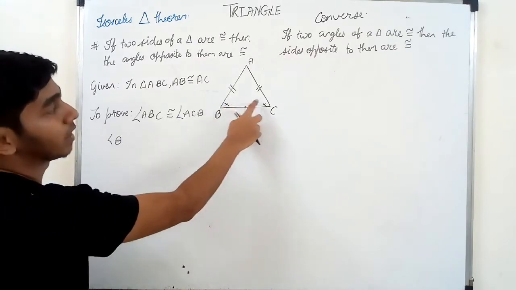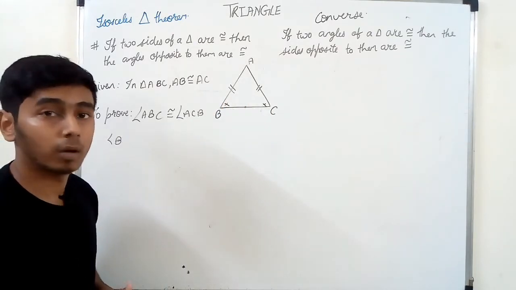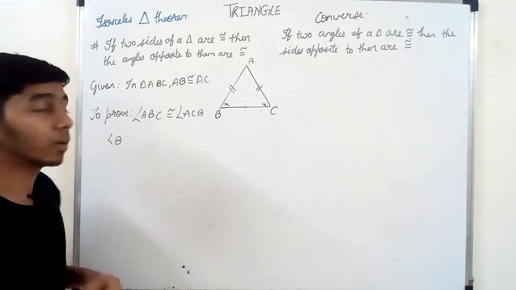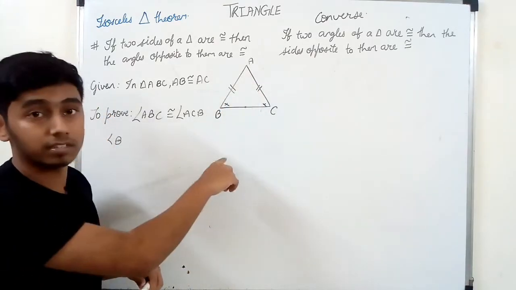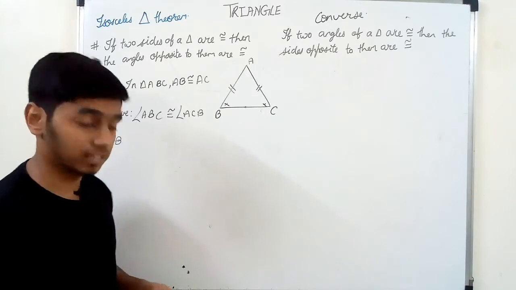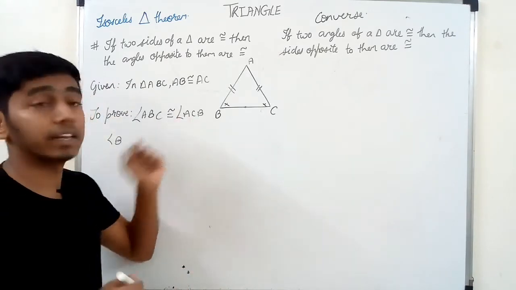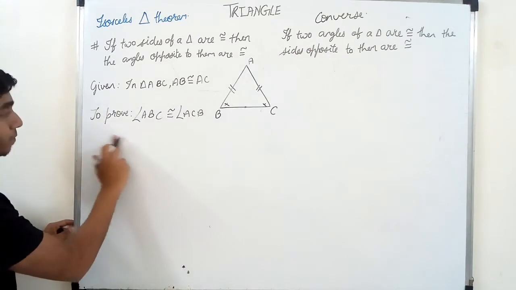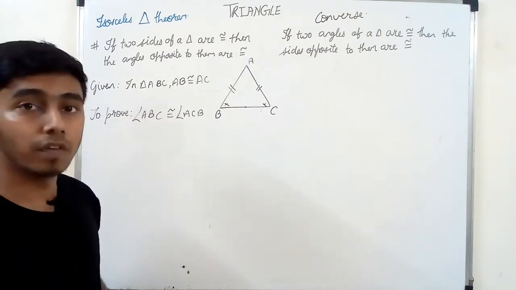Why am I not writing just angle B and angle C? Because I'll have to do a construction and the name may change. That's why we are using three-letter naming. So this is to be proved.